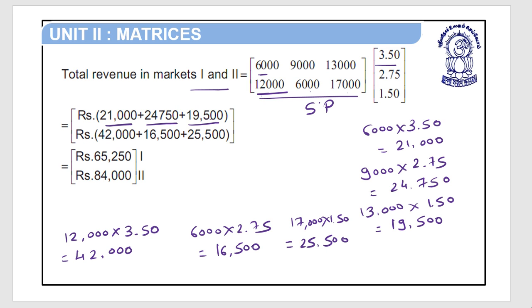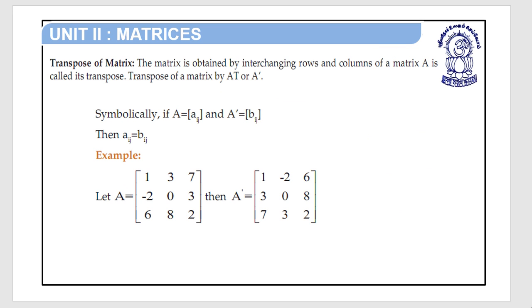So 21,000 plus 24,750 plus 19,500 is 65,250, and 42,000 plus 16,500 plus 25,500 is 84,000. So total revenue in market 1 is 65,250 and total revenue in market 2 is 84,000. Okay, so move to the next slide.